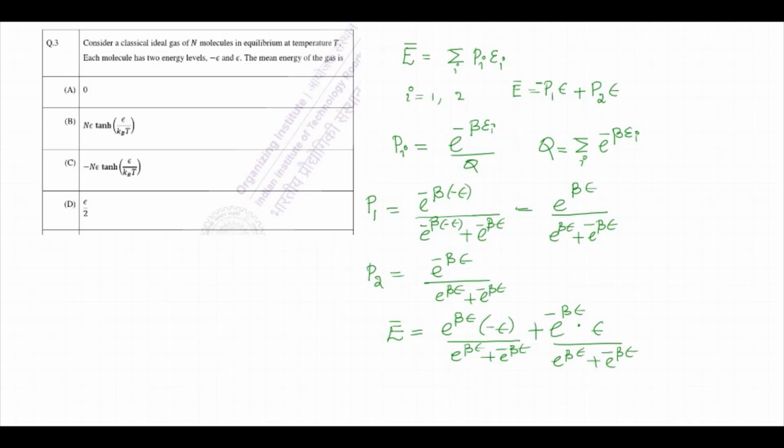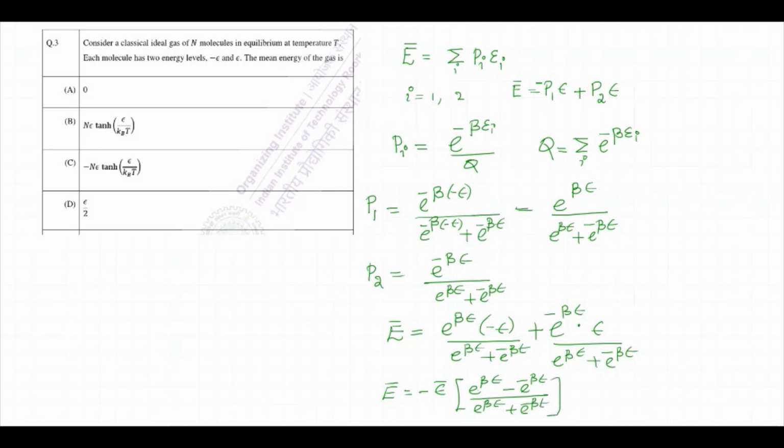You can take minus epsilon outside, so that becomes minus epsilon into e raised to beta epsilon minus e raised to minus beta epsilon divided by e raised to beta epsilon plus e raised to minus beta epsilon.